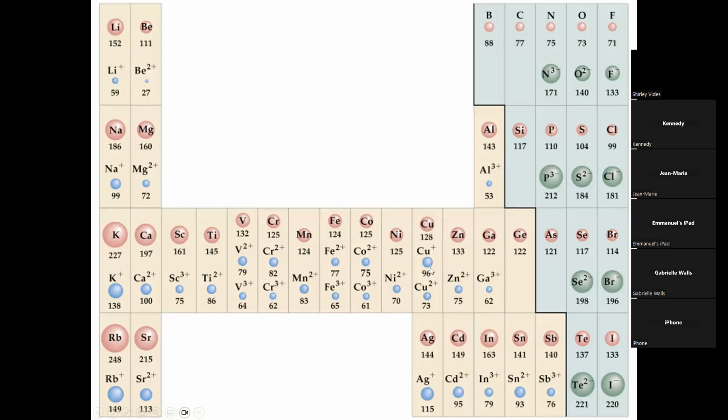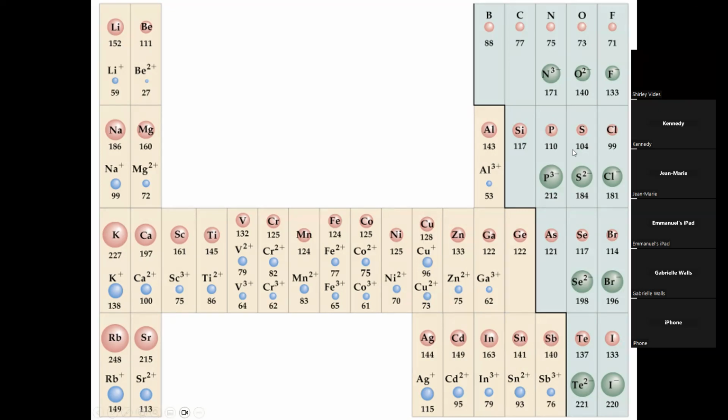Is it picometers? I think it is. And then copper 2 plus is 73. So it goes from 128 to 73 once it loses 2 electrons. You see that? So that is how it works. The more you lose, the smaller you get.